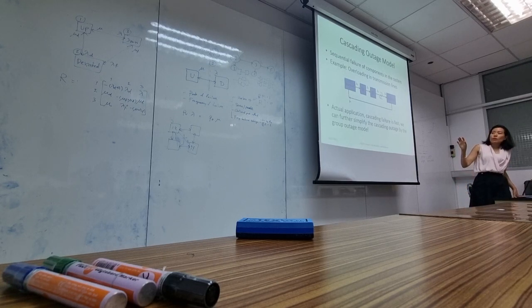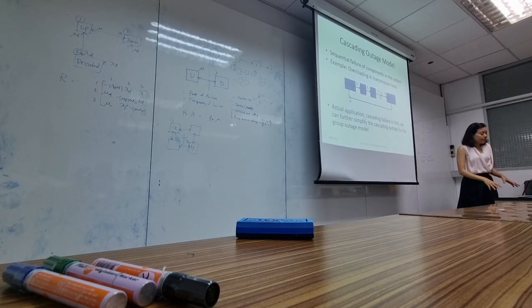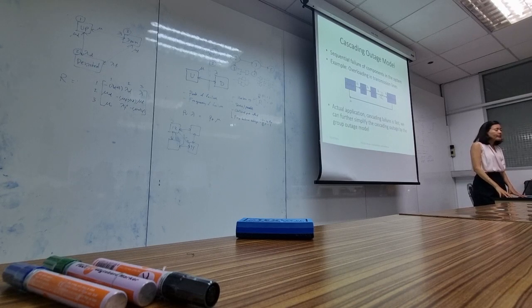But in actual application, this model is not quite used per se. In reliability analysis, what I found out is that they focus more on the steady state analysis. In this type of cascading outage model, you need to look at the transient stability.